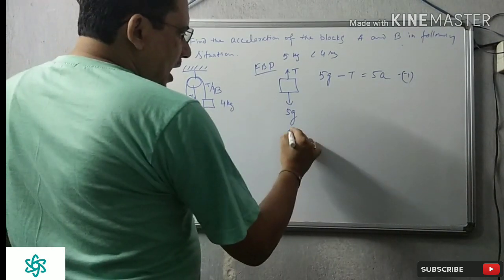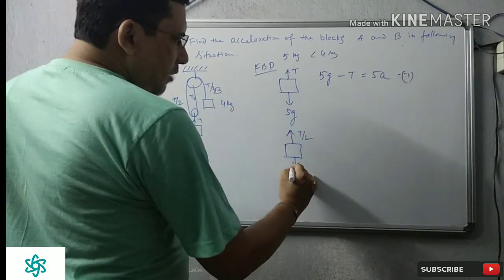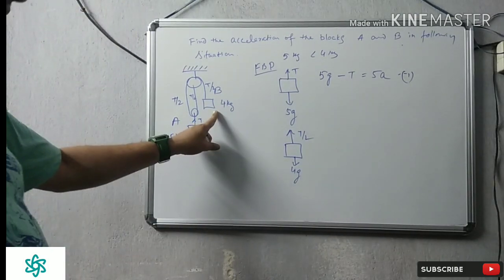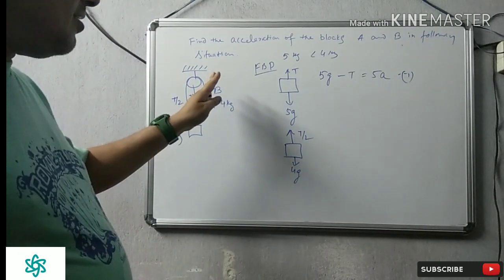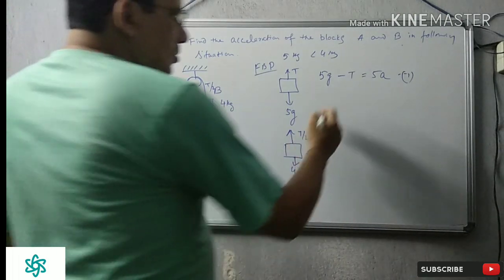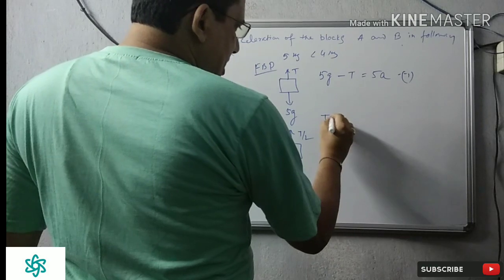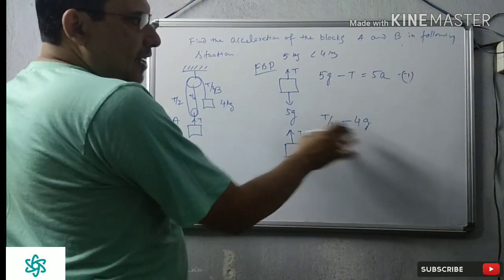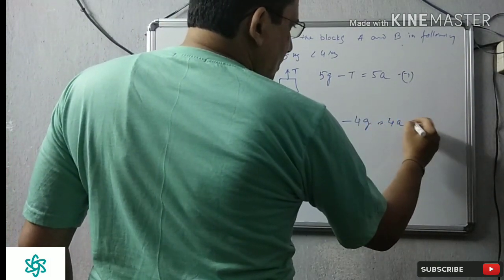The upward force is tension T by 2 and the downward force is 4g. The block B will move in the upward direction, that's why the tension force is greater than the weight. So write down the equation T by 2 minus 4g, because T by 2 is greater than 4g, equal to 4a.